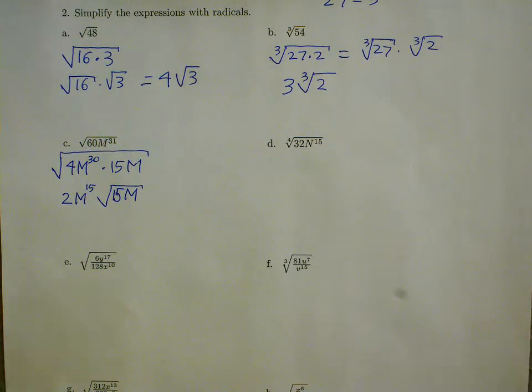Okay, the next one, simplify the fourth root of 32n to the 15th.